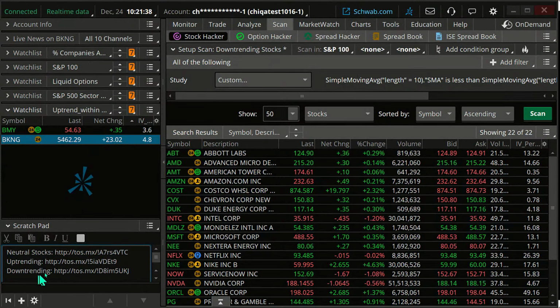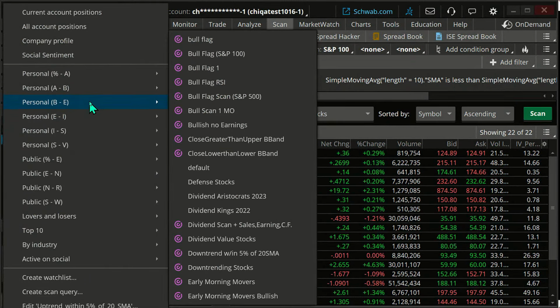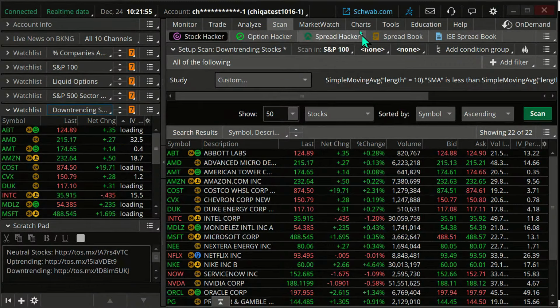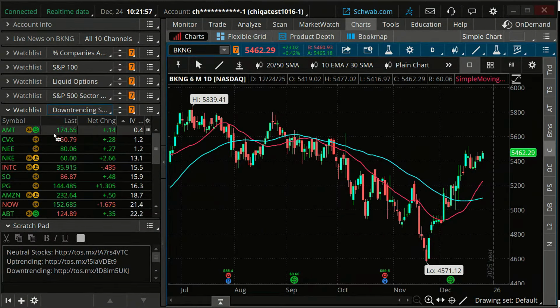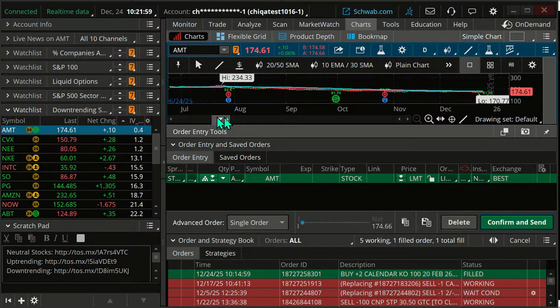When would I do downtrending stocks with low implied volatility? Maybe long puts would be more appropriate for that. You guys can decide on that. Let me just show you some examples of those downtrending stocks, and possibly emphasize the point that no scan is perfect.